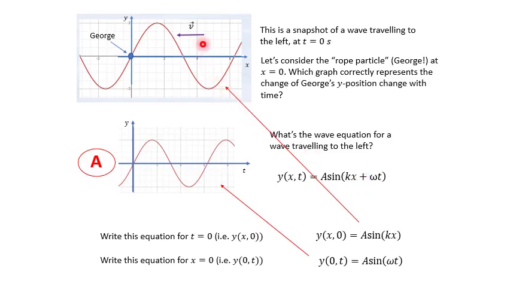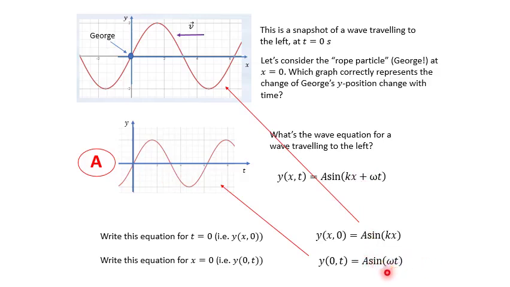For a wave traveling to the left, we need to get out a positive sine graph for George's motion. For a wave traveling to the right, I don't know if you remember from a few slides back, for that particle located at x is equal to 0, we actually got a negative sine graph out. So for a wave traveling to the right, we had a minus there, which would give us a sine of minus omega t.